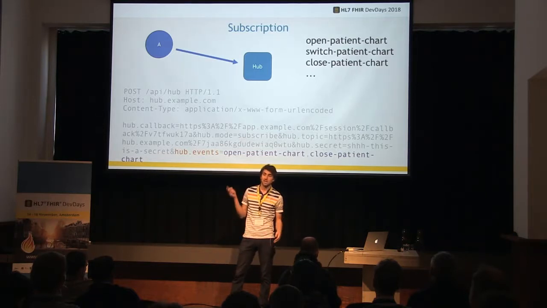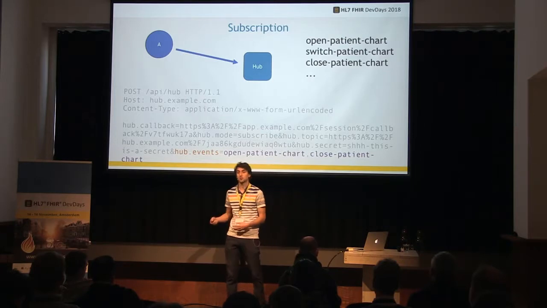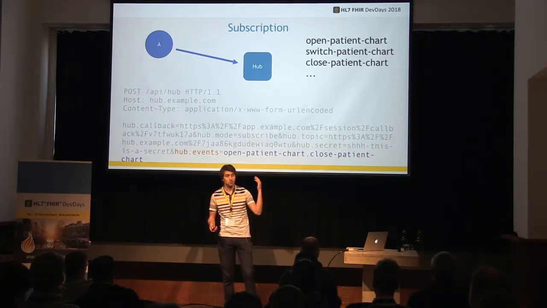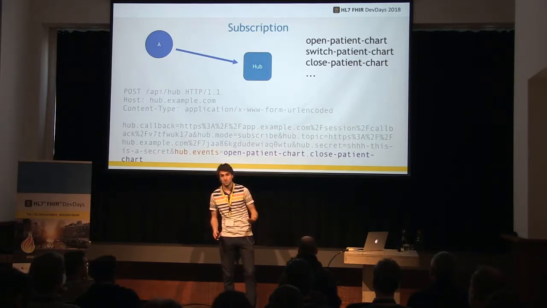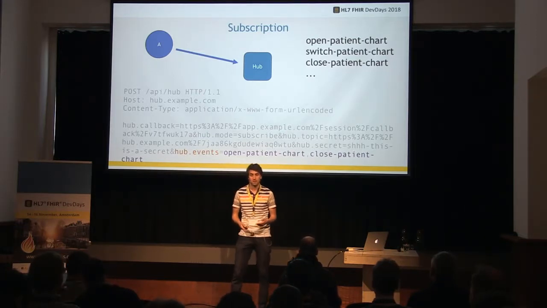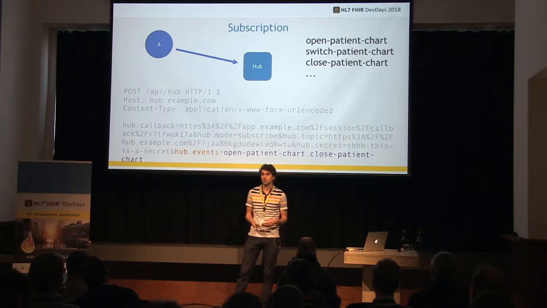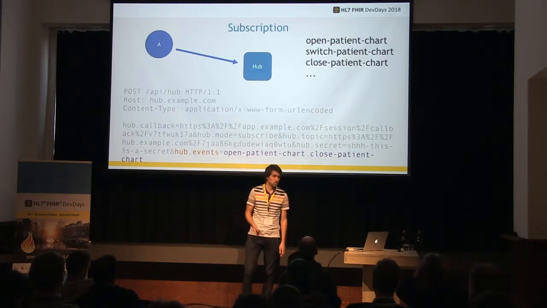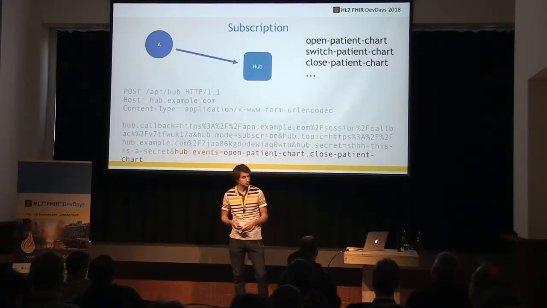So perhaps client A here is an application that is only interested in patient changes. We also have other events in this catalog for study changes, logins, logouts, when clients are hibernating, that kind of thing. And there are probably events that we can come up with that we haven't yet.